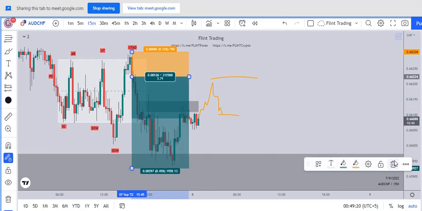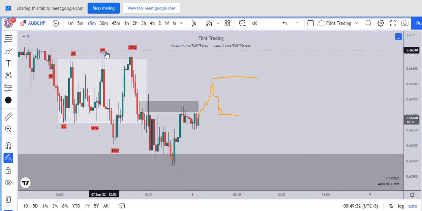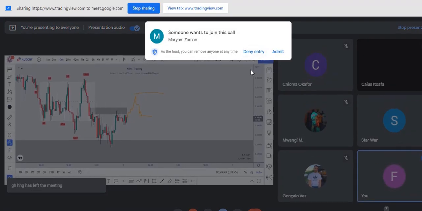But as I was not on the charts and I missed this entry, I'm just waiting for price to do a test phase, and if price closes back with a good bearish volume, then I would enter the trade, as I just explained a few minutes ago. If I was active right there, I would have entered the trade right there. But as I missed that, I'm waiting for a pullback, basically the test phase, and I would enter that. I hope that clears it up.